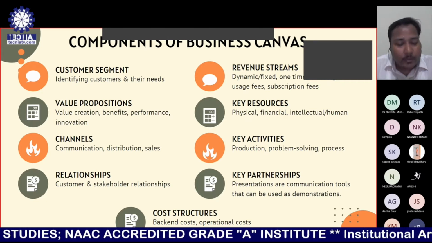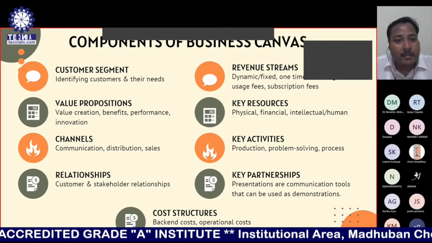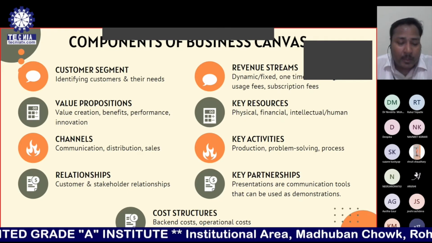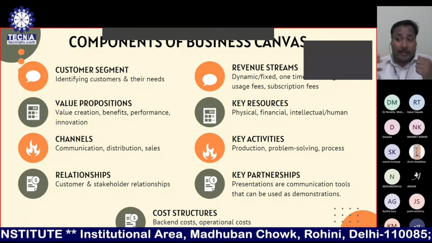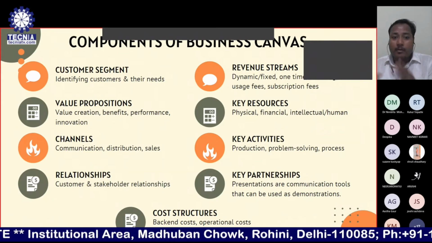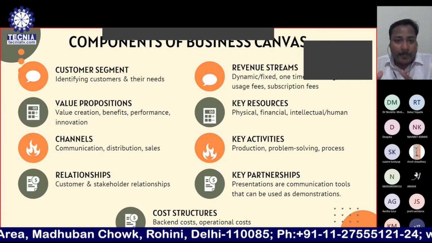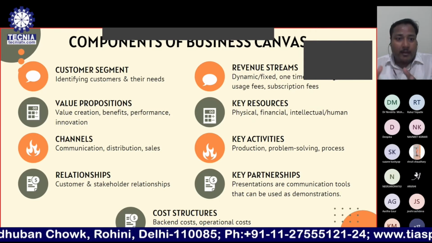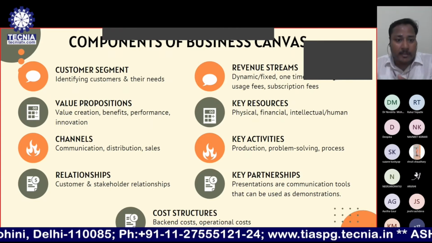So they have to again segment their customers based on that, based on the behavioral segment of the customers even sometimes. What is the value proposition? What value you are creating, what is your innovation, how you are going to perform, and how the customer will benefit from your idea or startup or product or brand, whatever you are selling to them, or the processes.